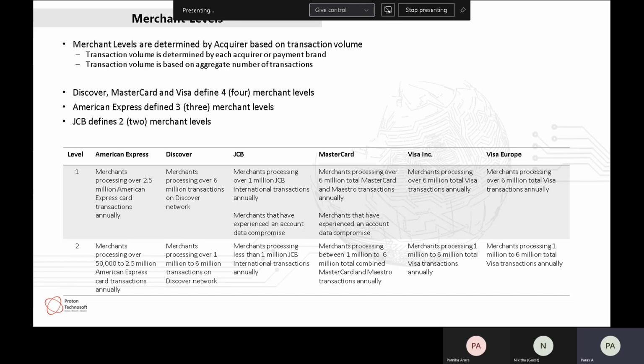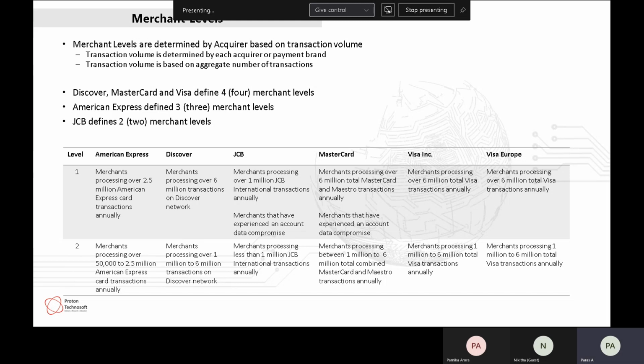Okay. Similarly, from a level 2 perspective, we have a range of 50,000 to 2.5 million for American Express card transactions. For a level 2 merchant in Discover, that range is between 1 to 6 million. In JCB, it is less than 1 million because JCB has only 2 merchant levels. MasterCard is 1 to 6 million, and Visa again 1 to 6 million.